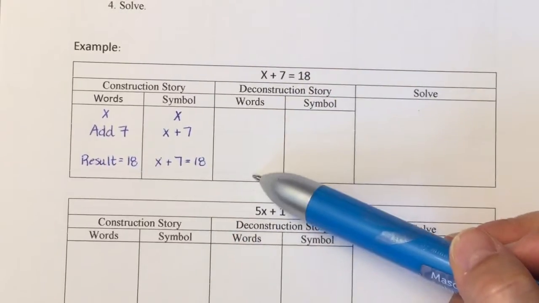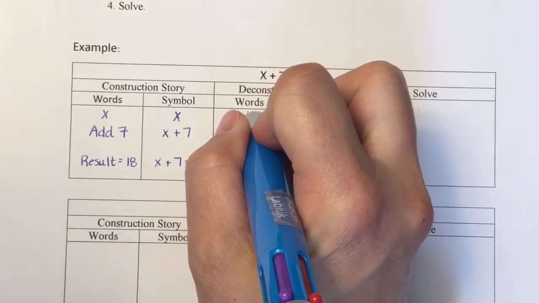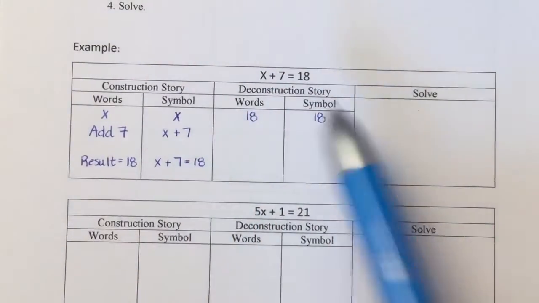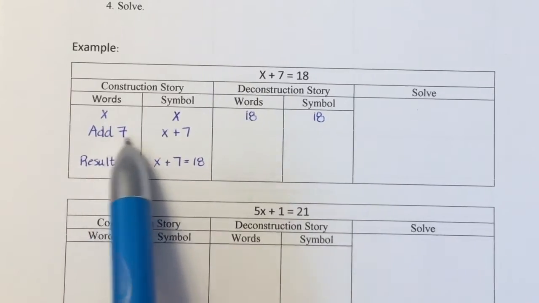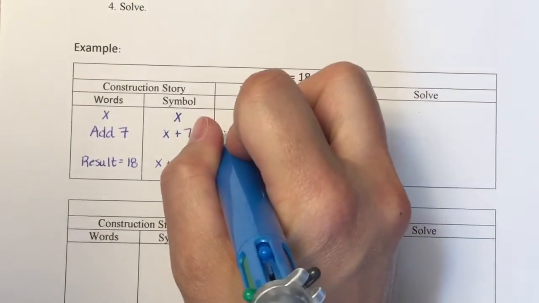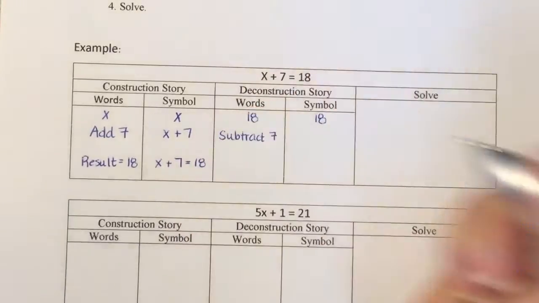Now let's deconstruct it. We start with 18. Now what's the opposite of this operation? Right on. We're going to subtract 7.